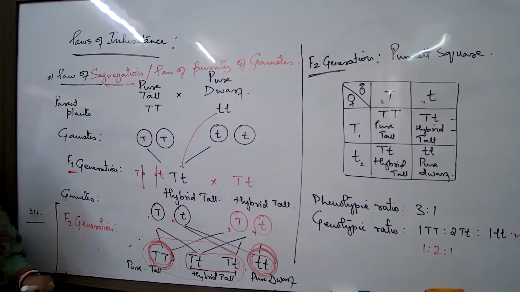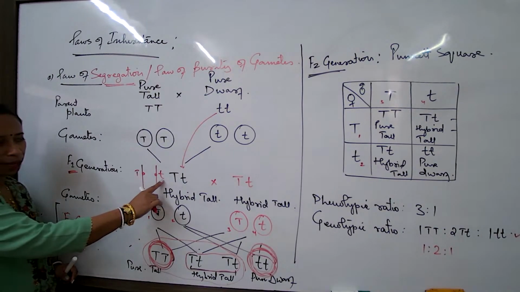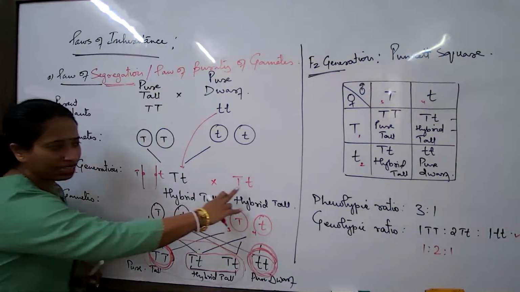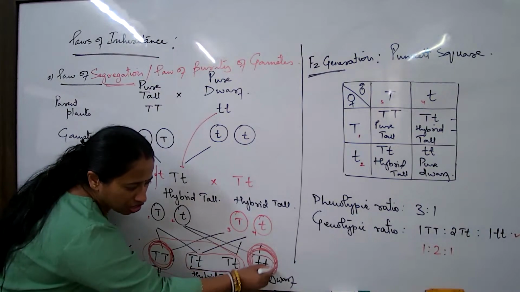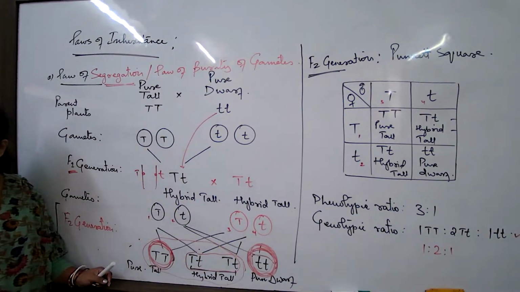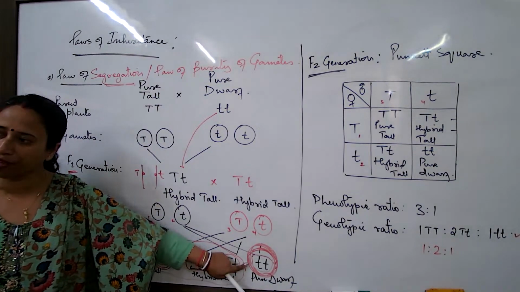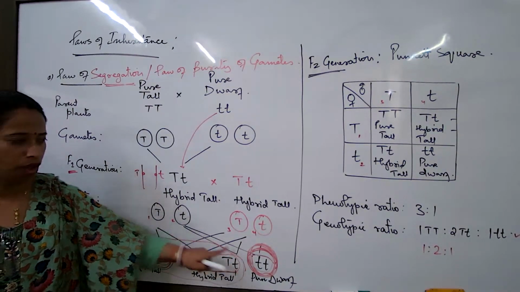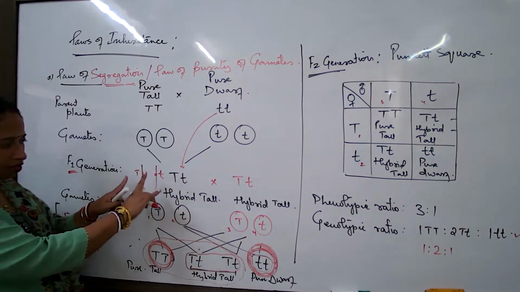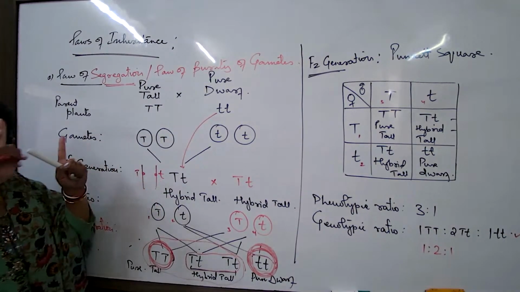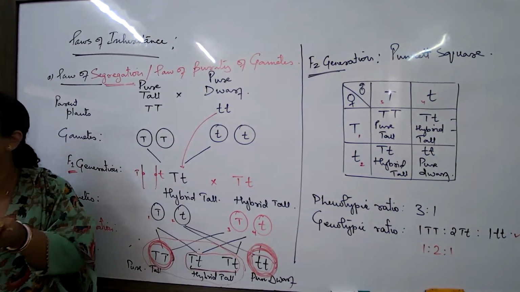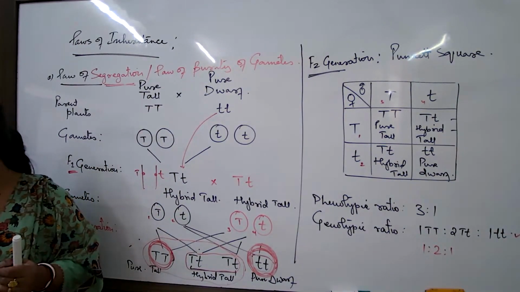If they are forming any new combination, then coming together of this allele and forming this type of plants would not have been possible. The law states, how do we get this type of a plant? Only because these two alleles remain in the pair of chromosome as it is without combining to form anything new.